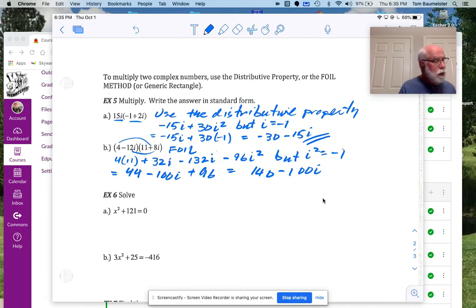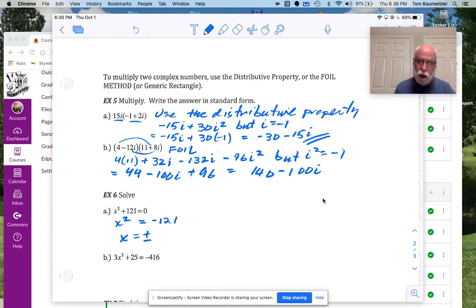Let's see. Now, when we have x squared plus 121, our last ones we're going to solve. All right. So on these ones here now, we can write that as x squared is equal to negative 121. We can now still remember to undo a square, we square root it.